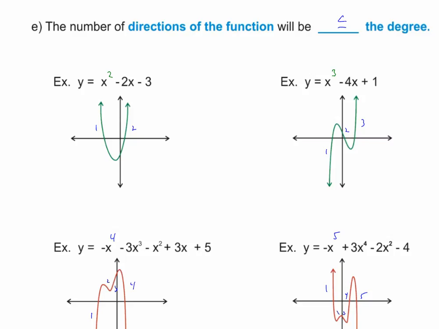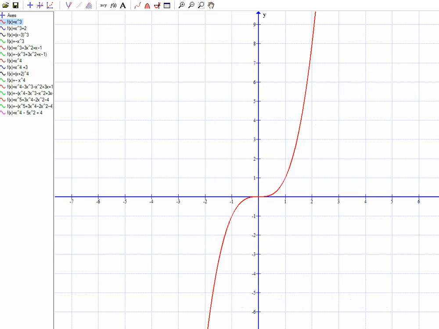So if it's 4th degree, you can have 4 directions, which could be up to 3 directional changes. 5th degree, 5 directions possible, and again, up to 4 directional changes. All right, so here's where we left off.